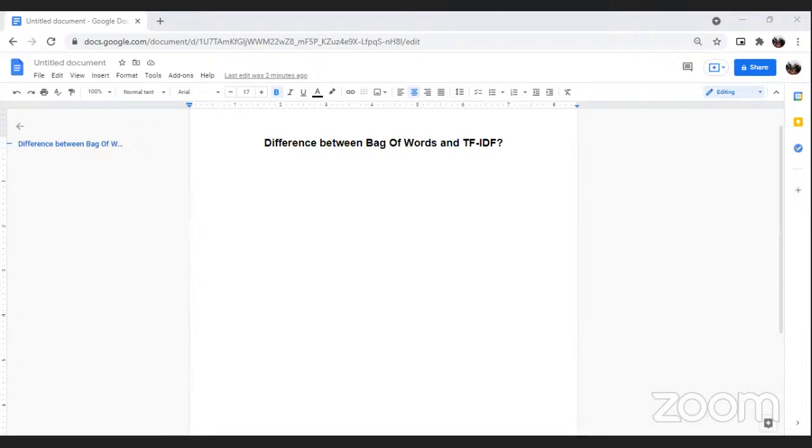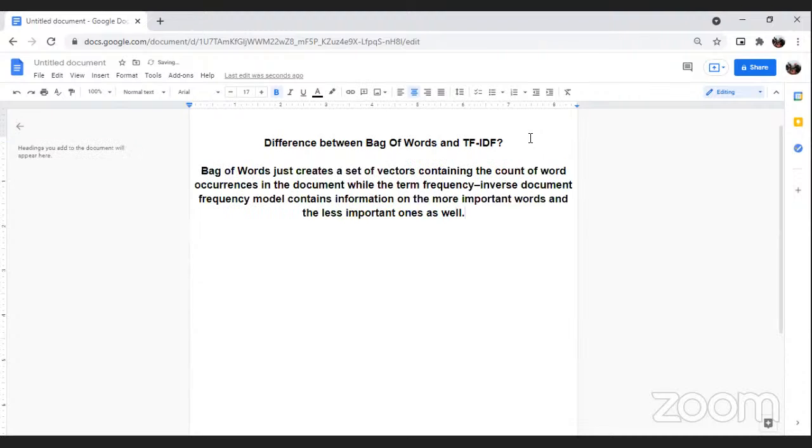Whereas, term frequency inverse document frequency contains the information of the more important words and less important words that are present in a document. I'll pause for a while before moving on to the next question.